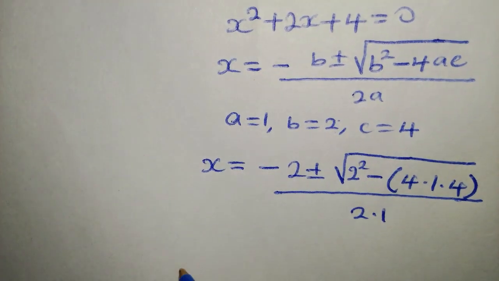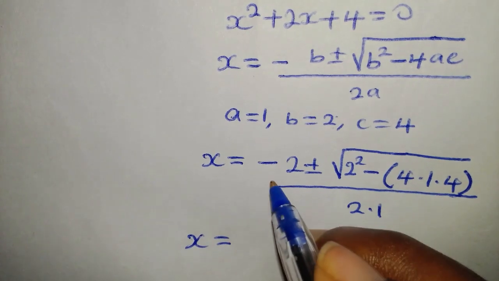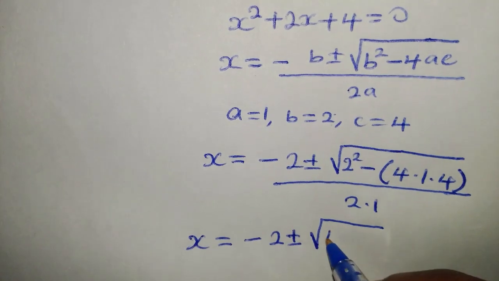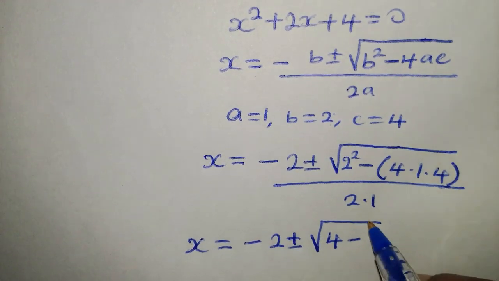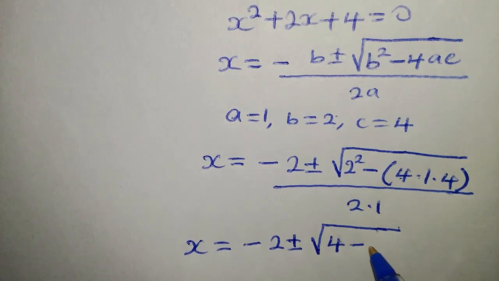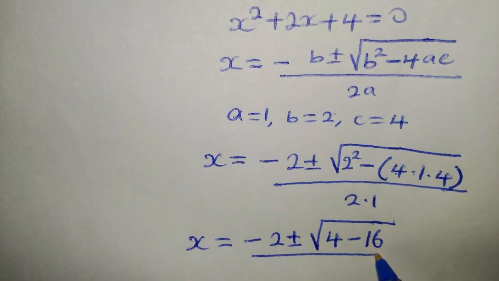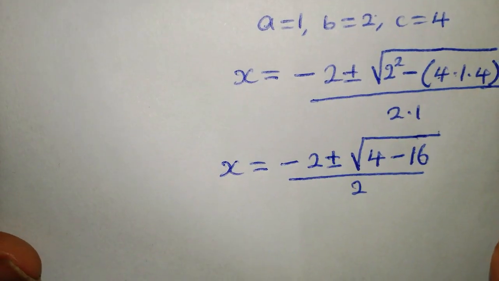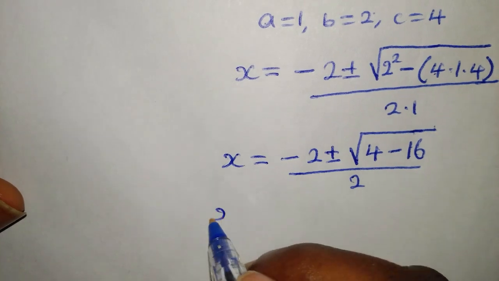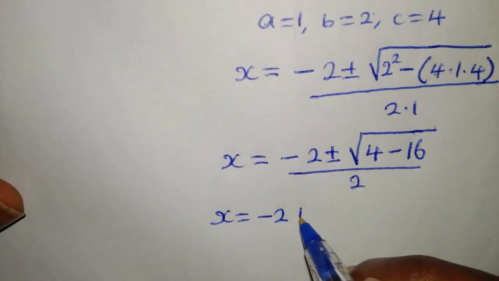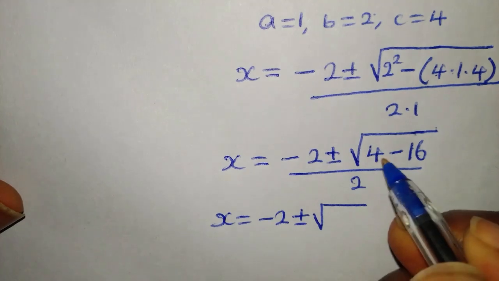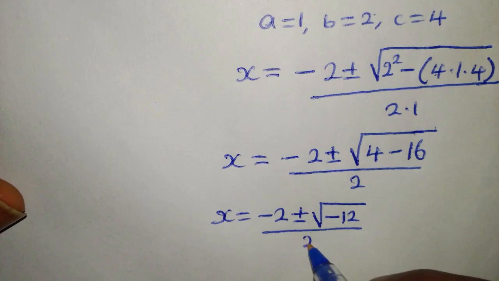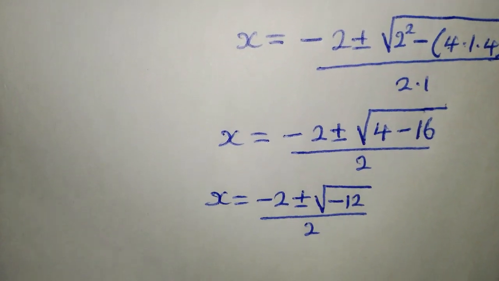So we have x equals minus 2 plus or minus the root of 4 minus 4 times 1 times 4, which is 16, divided by 2 times 1, which gives us 2. So now we have x equals minus 2 plus or minus the root of 4 minus 16, which gives us minus 12, divided by 2.